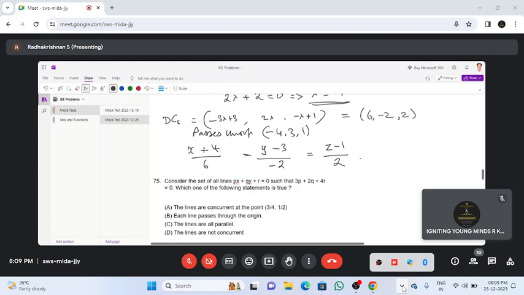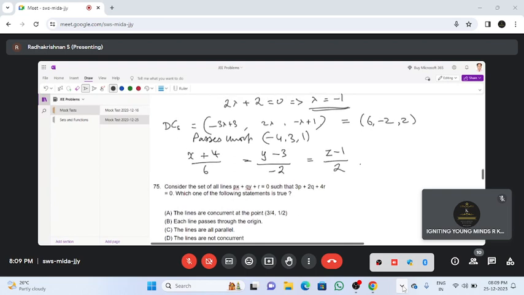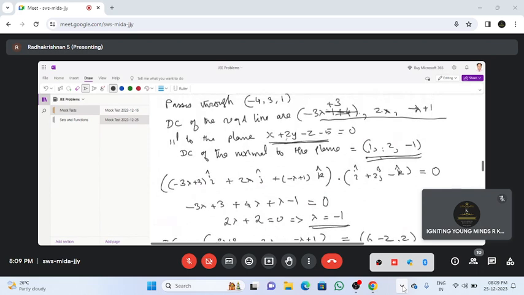This is the required line. x plus 4 divided by 6 equal to y minus 3 divided by minus 2 equal to z minus 1 divided by 4. So which option is that? Just try to match that.